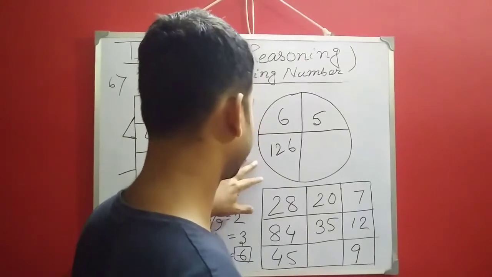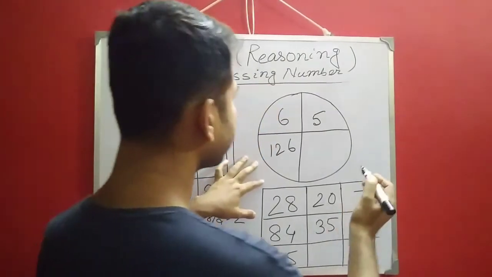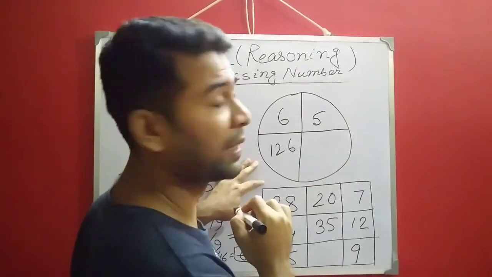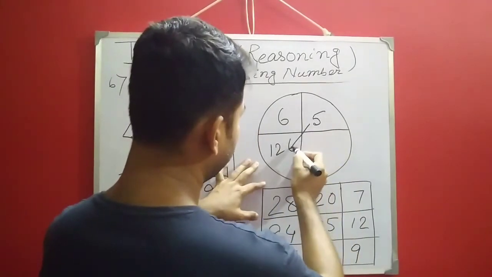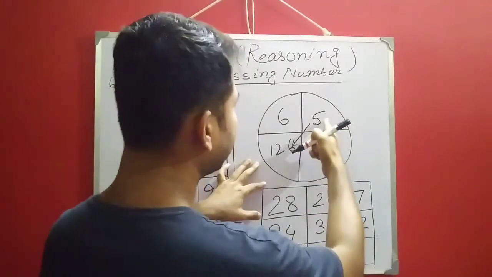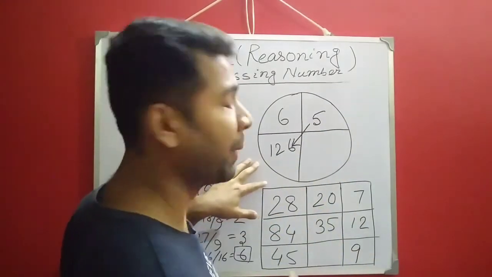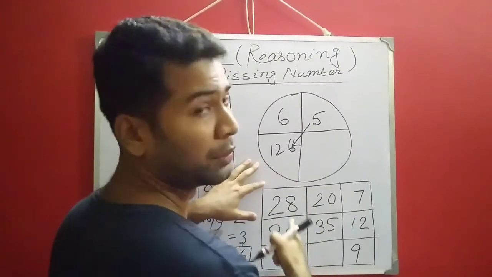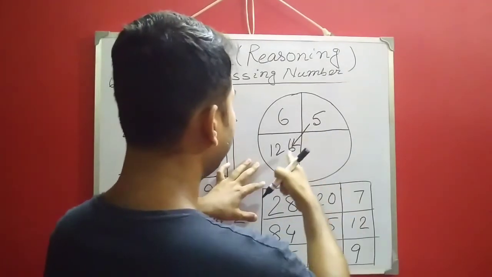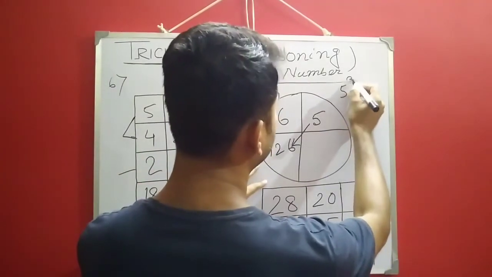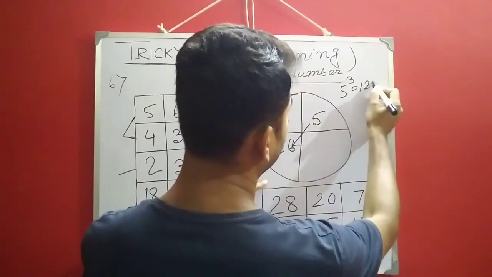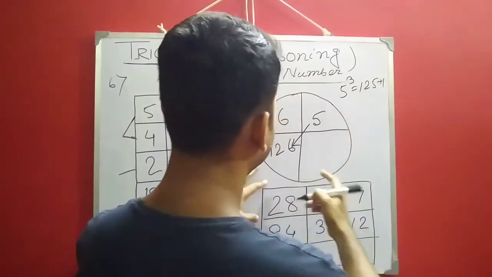And here, for this type of figure, our aim is to check how we can get this value, meaning the highest value 5, and it is 126. So 5 cube equals 125 plus 1.